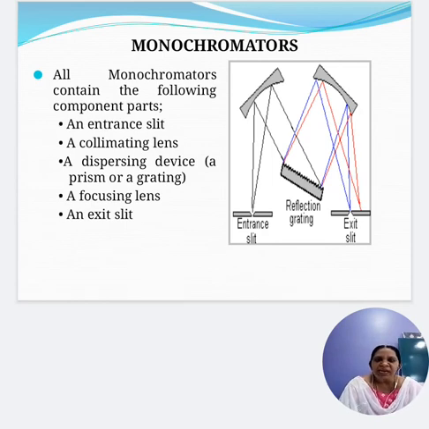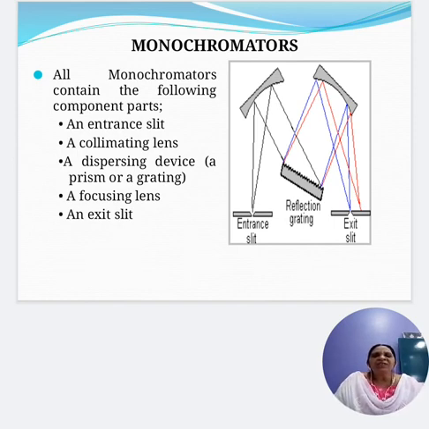So, the first one is the entrance slit. The second one is the collimating lens. The concavo-convex or plano-concave lens is used to collimate, to render your radiation parallel. This radiation falls on the dispersive device, which may be a prism or a grating, for selectivity of your desired wavelength.